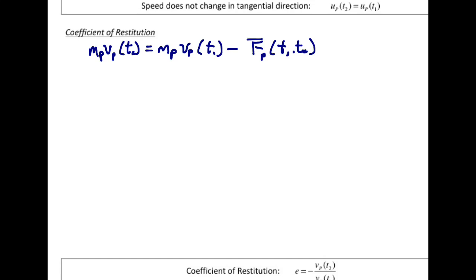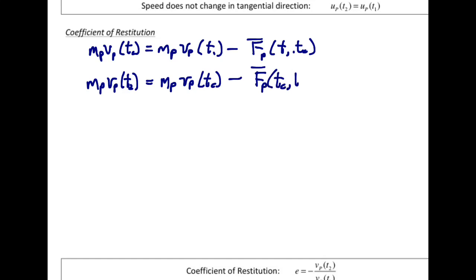And then applying this from time c to time 2, we get the mass of P, the speed of P in the normal direction at time 2 is equal to the mass of P, the speed of P at time c minus the impulse from Tc to T2.